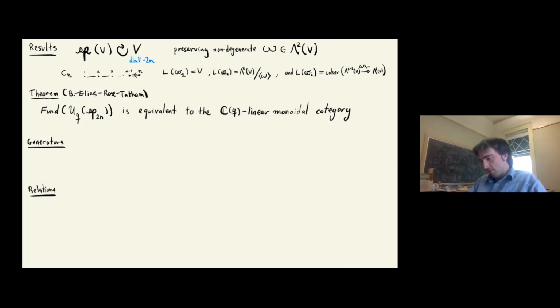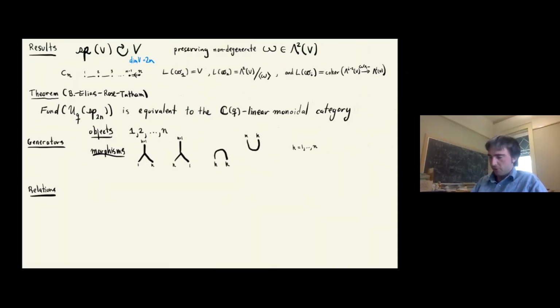And our theorem is this is equivalent to the C(q)-linear monoidal category given by generators and relations, where the objects are going to be some formal object that we think of as corresponding to one of the fundamental representations. So here's V, L of the second fundamental, L of the nth fundamental.